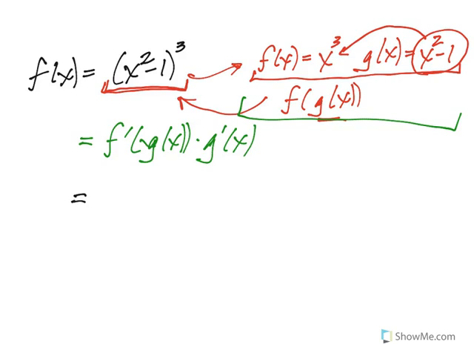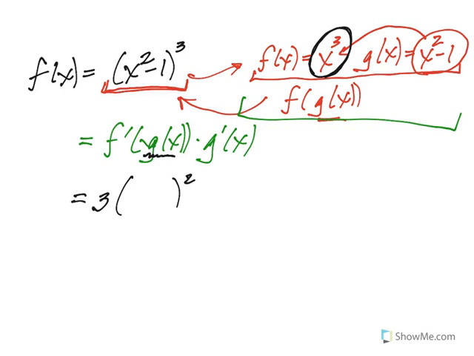F of x is the outermost function. It is something being cubed. So when I derive that, you'll notice here that you don't change g of x. It stays the same. That is the innermost part. So if I was thinking of how to derive something cubed, I think you would agree that you bring the power down to the front, and then I take 1 away from the power.